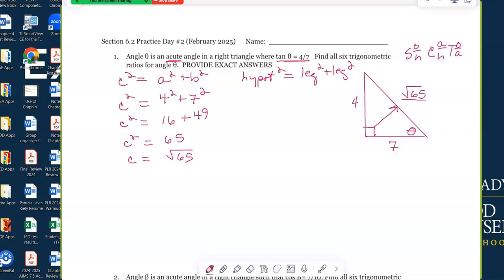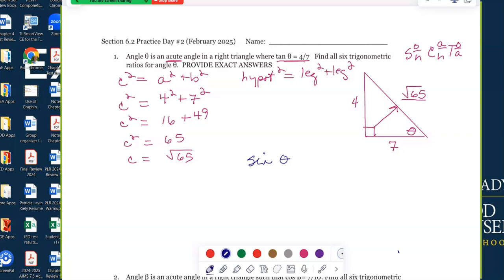Okay, now let's keep reading the question. We had to do this to get a missing side. Find all 6 trig ratios for angle theta. Provide exact answers, and I'm going to tell you you've got to rationalize where needed. So what we're going to do now is we're going to say, I think I'll do it here, sine of theta, and it says find all 6 trig ratios for angle theta.